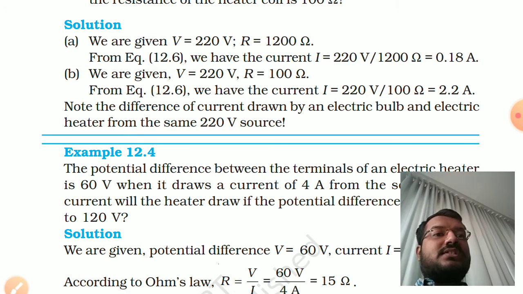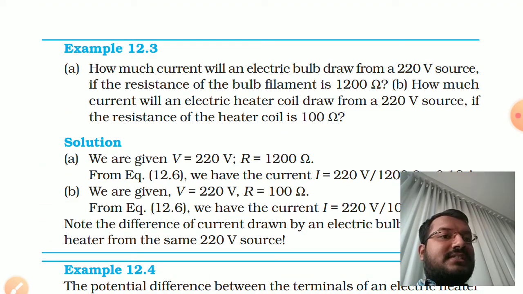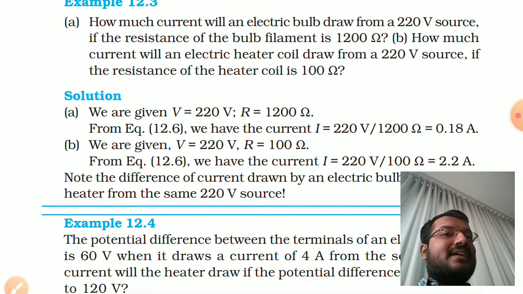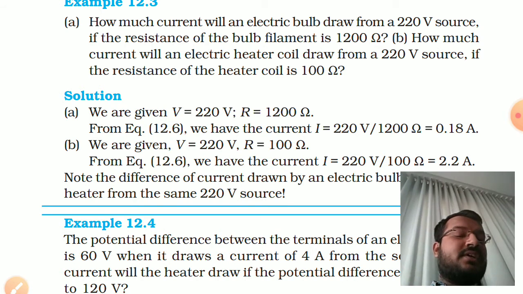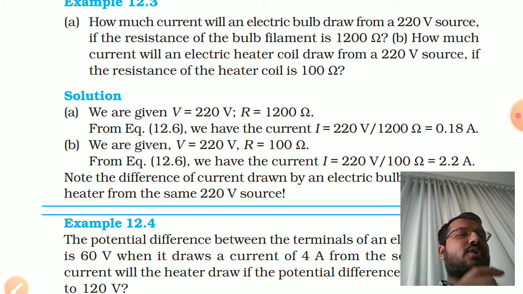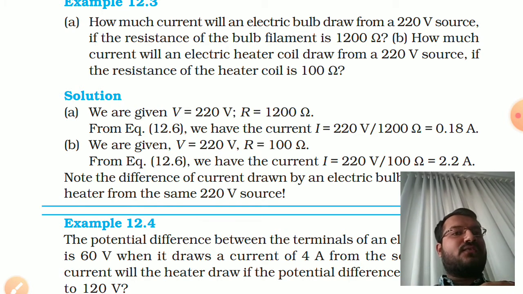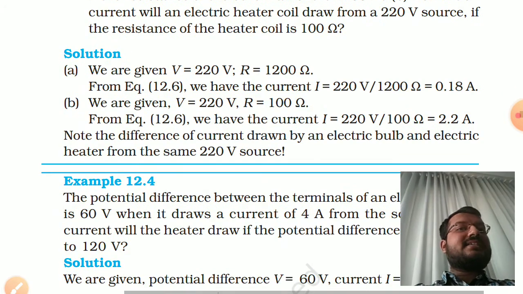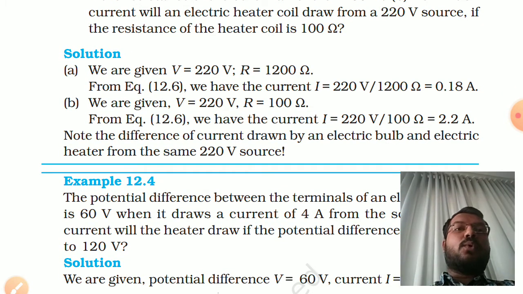In both, our voltage is the same, 220 volt, but resistance is different. In the first case our resistance is 1200 ohm, so we get only 0.18 ampere, and in the second case we have 100 ohm resistance, so we get 2.2 ampere, more than the first case.